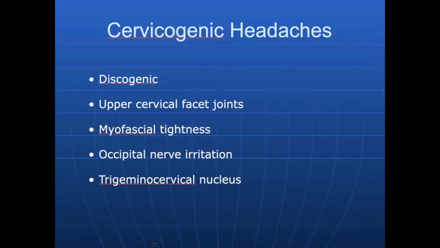And facial pain is almost an entity in and of itself, but it can occur concomitantly with cervicogenic headaches because of this trigeminocervical nucleus. What that's talking about is the trigeminal nerve and the occipital nerve actually communicate with each other, and you can have these overlapping symptoms. Next slide, please.